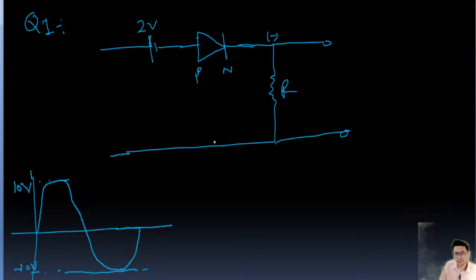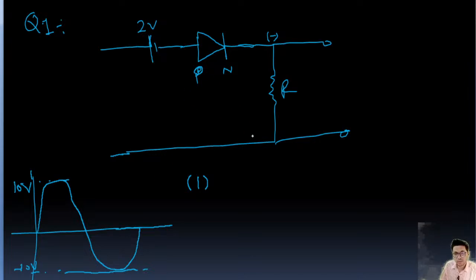Okay, so now for the positive half cycle, guys. Because this is positive and this P is positive, right? For the positive half cycle, this diode will be forward biased, right? Forward bias means this will work as a short circuited wire. So the voltage across this is going to be 2 volt, right?